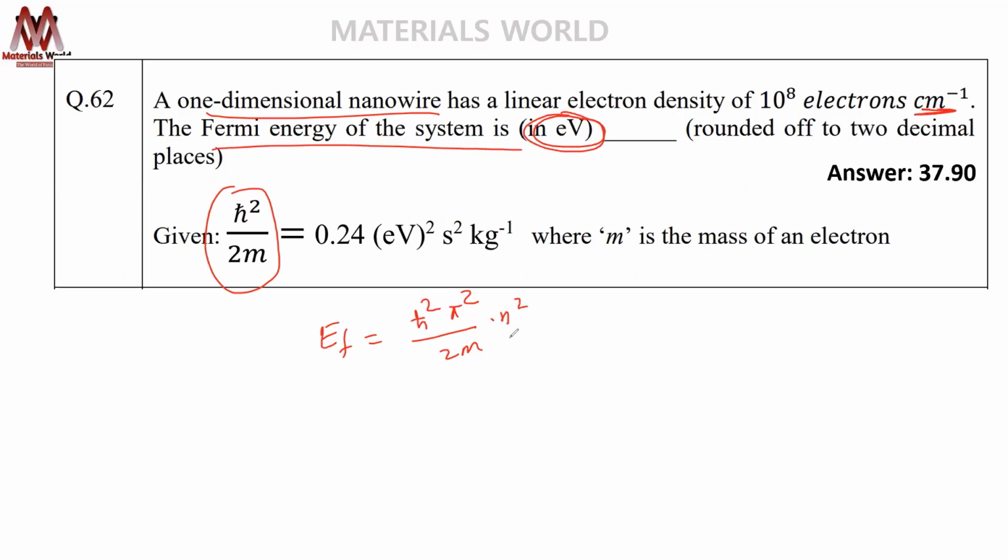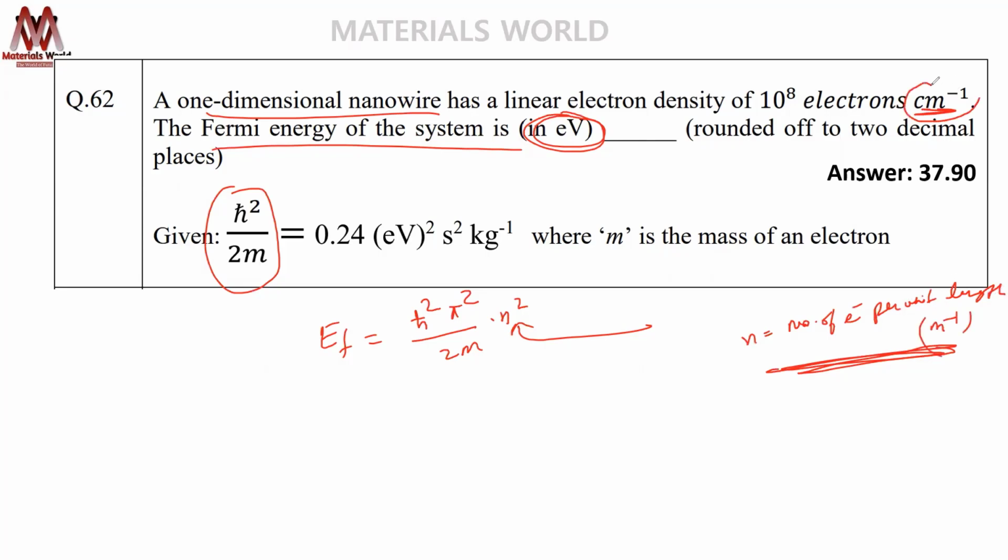Then your n, what is n for 1D? Number of electrons per unit length, because it is 1D. There is no volume, there is no area. It's a number of electrons per unit length.